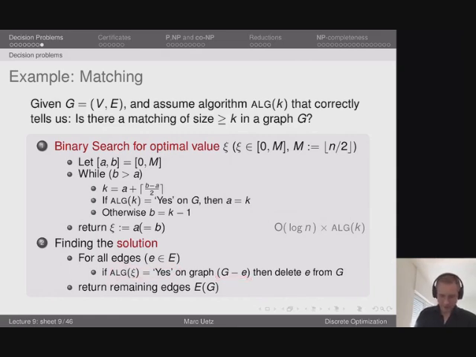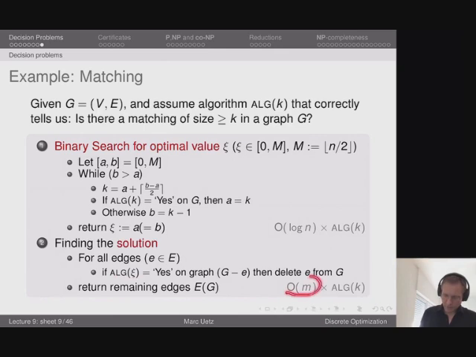If the answer is yes, I can delete this edge e from the graph. Otherwise, I have to keep it in. And after I have gone over all the edges, I return the remaining edges, and this will be a maximum size matching.